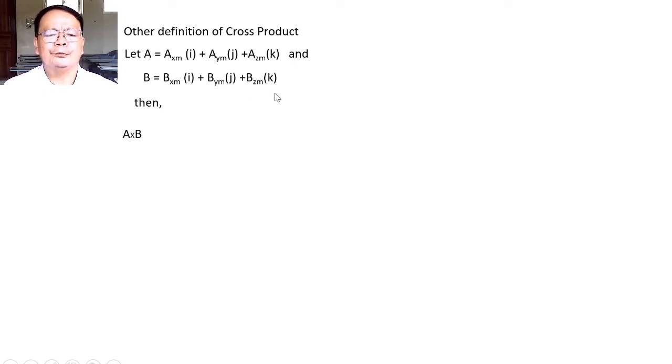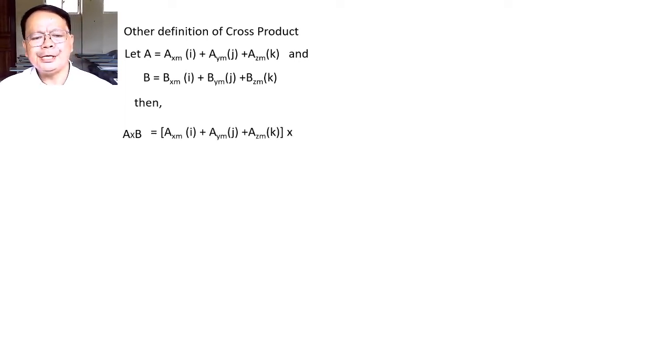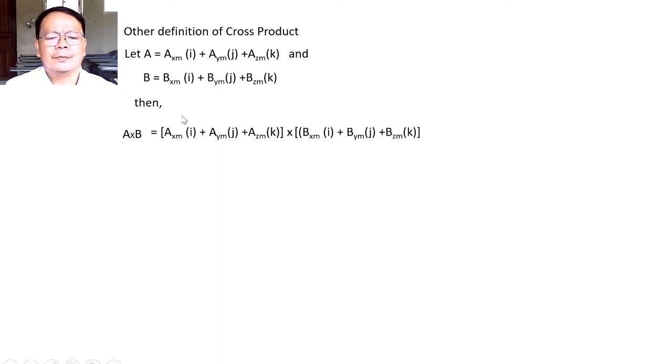If we substitute this in the formula for the product A cross B, it will be equal to AX i plus AY j plus AZ k cross the quantity BX i plus BY j plus BZ k. Because the cross product is distributive, each individual item in the first term can be distributed to each individual item of the second term.